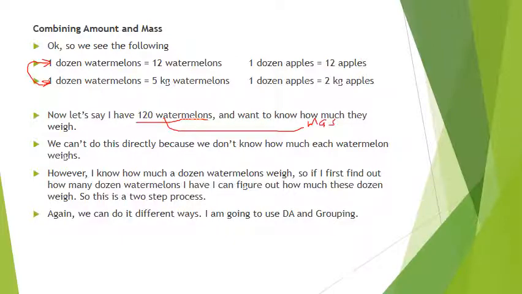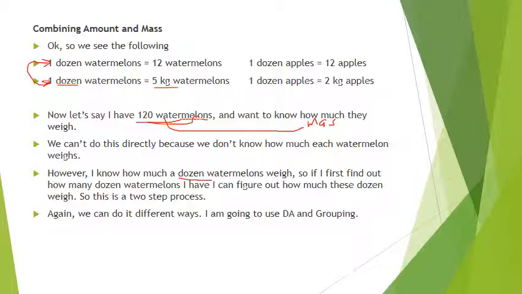I don't have so many watermelons equals so many kilograms. But what I do have is I can take the 120 and figure out how many dozen that is, and then I know how much 1 dozen weighs, and then I can figure out how many kilograms.